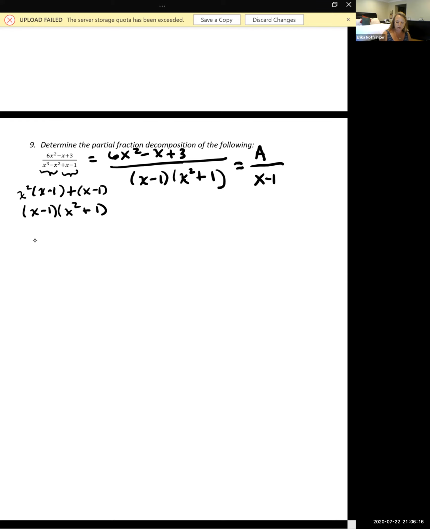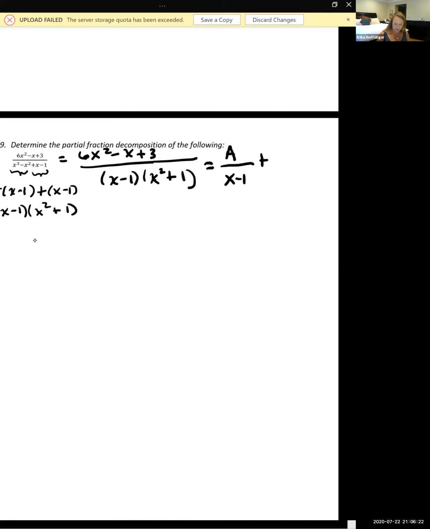When we rewrite quadratic factors, the numerator is going to be in the form of Bx plus C, in this case, all over x squared plus 1. Again, if this was a repeating factor, I would continue to go on in that number of factors until I got to the power that it was. Okay, so once you've rewritten it, now we can multiply through by our LCD.